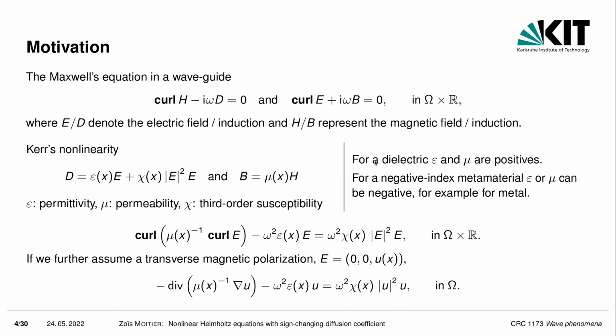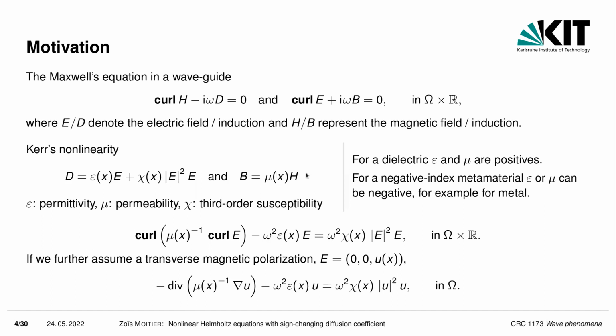And we also want to introduce metamaterials. For dielectric materials, epsilon and mu are positive, but for example, for negative index metamaterials, epsilon or mu can be negative, for example for metals. And here, I just want to emphasize that I will only look at the non-dissipative case, so it will be purely negative.